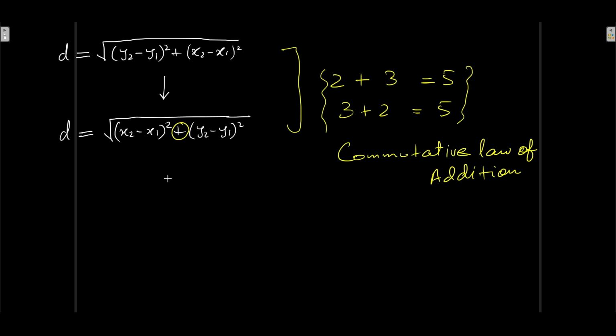Likewise, there is one more thing in the distance formula that you can implement. That is, you can even change the positions inside the brackets. What do I mean by that? So distance d is equal to the root of, you can even change the positions from here: x1 minus x2 whole squared plus y1 minus y2 whole squared.